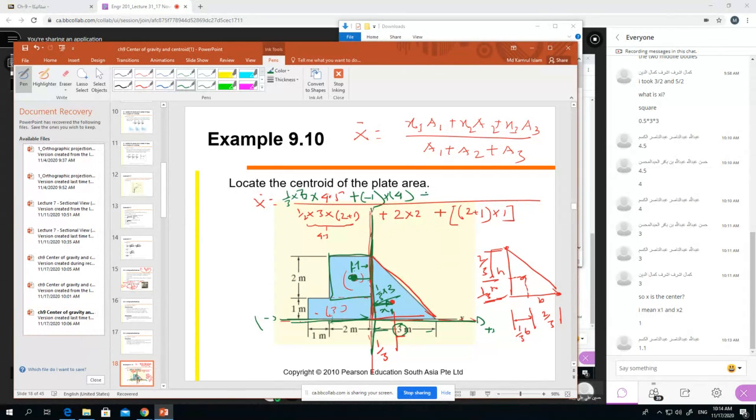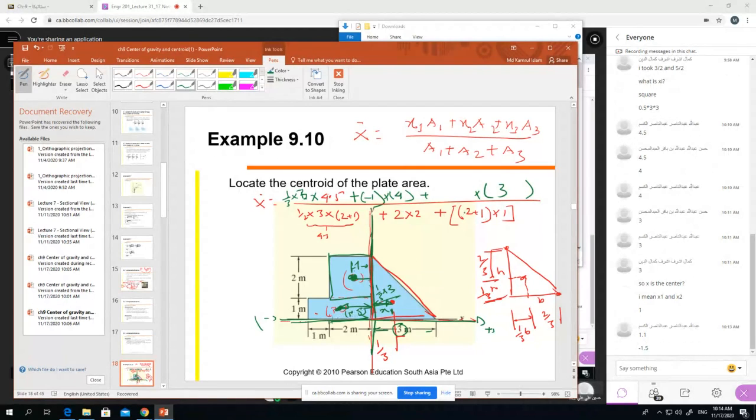Then we have another area, right? What is the area of this one? 3, right? And what is the center? Center is somewhere here, so 1.5 meter distance, but it is again minus, so minus 1.5. So done. Now you do the calculation and we'll find the x value.